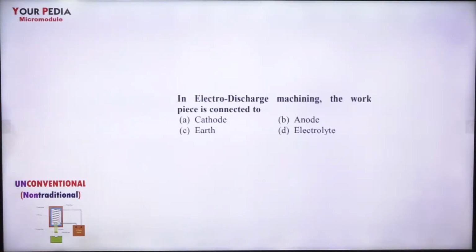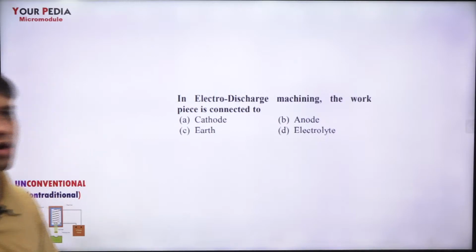In electro discharge machining, the workpiece is connected to what? Cathode, anode, earth, or electrolyte? These are the typical questions which you may get.